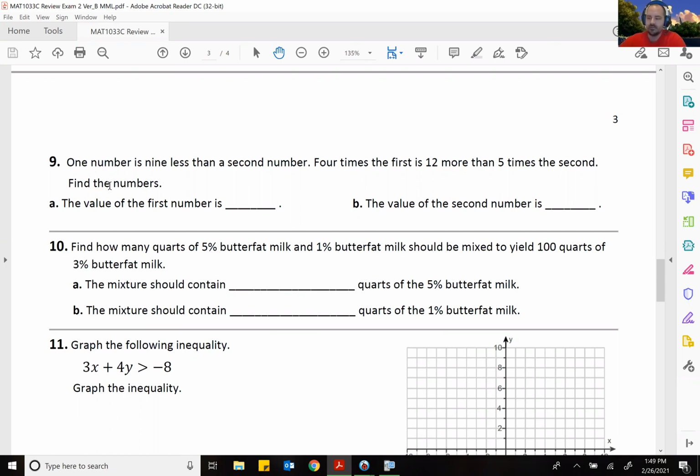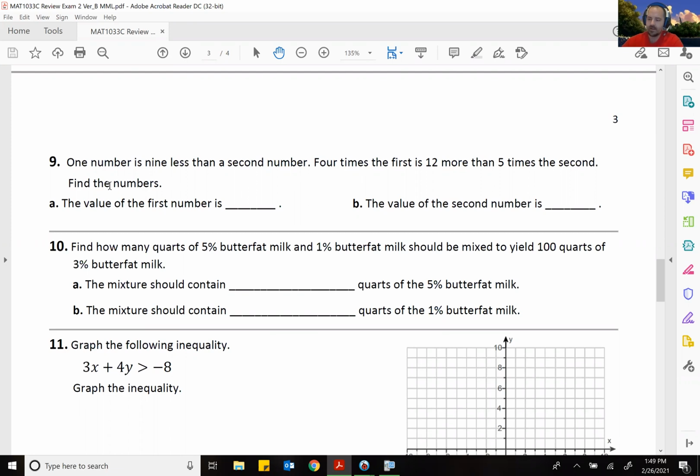And then there's another sentence that says 4 times the first is 12 more than 5 times the second. They want to know what are the two numbers. Okay.